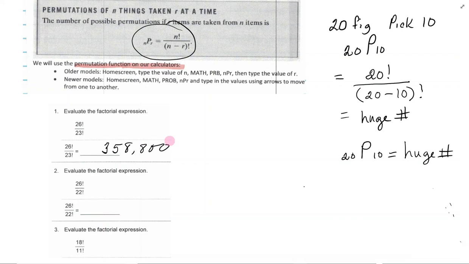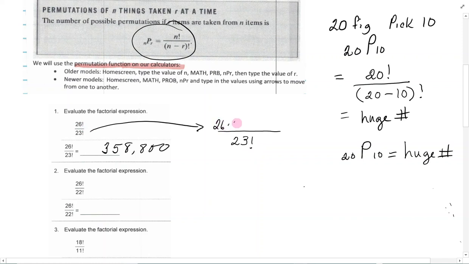If we did one where the numerator value was so large that the calculator was shutting down on us, there is something else you can do. If you have this expression, take the smaller factorial and write it down. The larger one, 26 factorial, means 26 times 25 times 24 times 23.